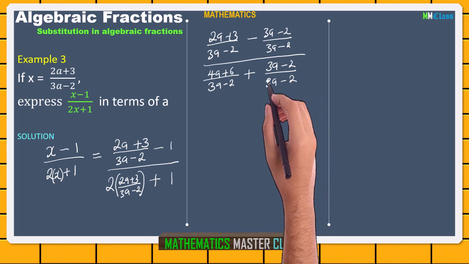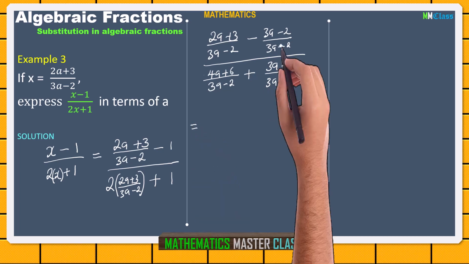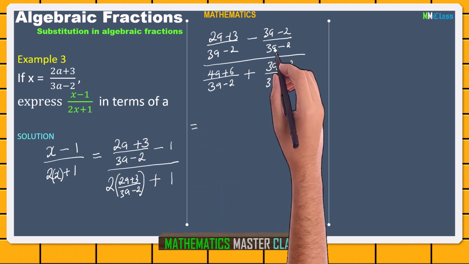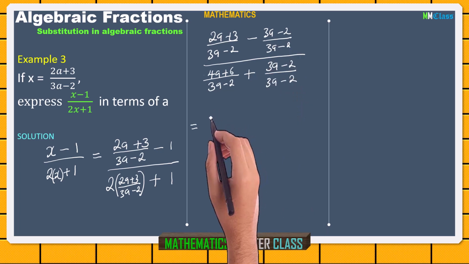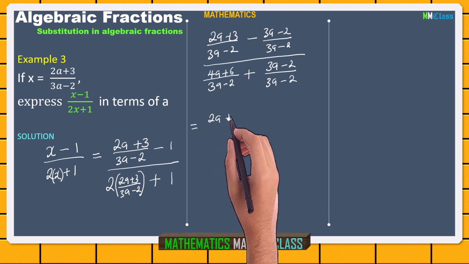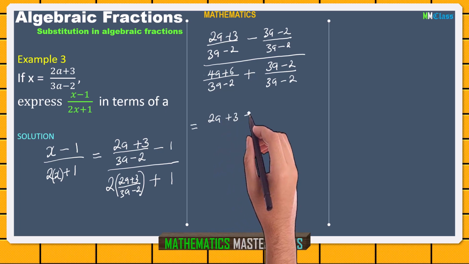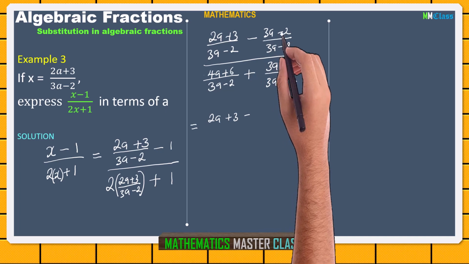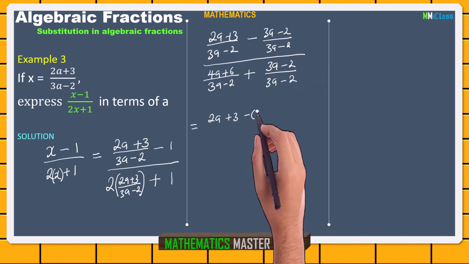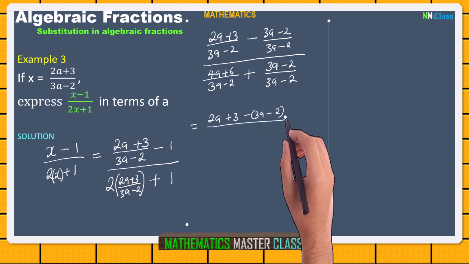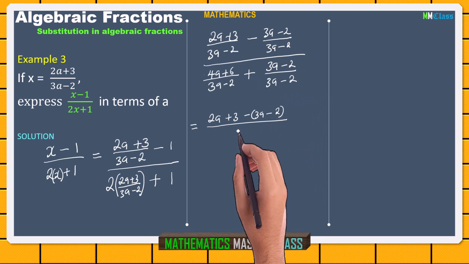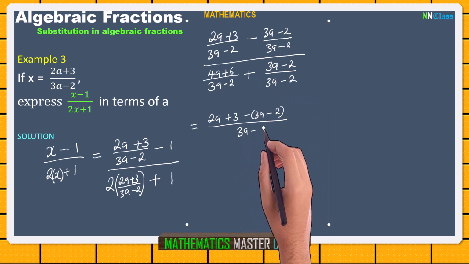So now this will be equal to, in fractions, if the denominators are the same, you can go ahead and subtract or add the numerators. That is what we call like fractions. So we now have 2a plus 3 minus, don't forget there's a minus here, and this minus affects everything here, so let's put it in a bracket, (3a minus 2), all over, since the denominators are the same, we pick 1, 3a minus 2.